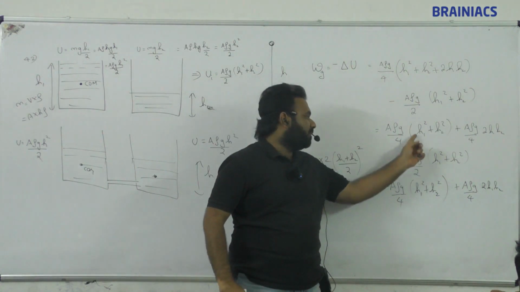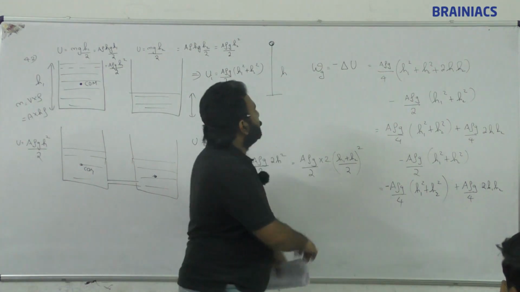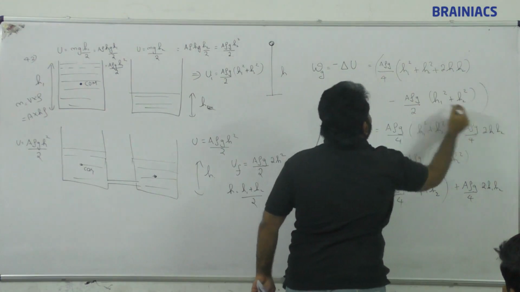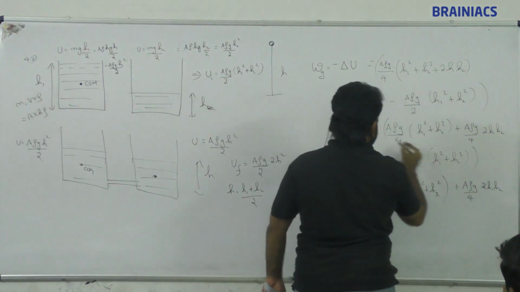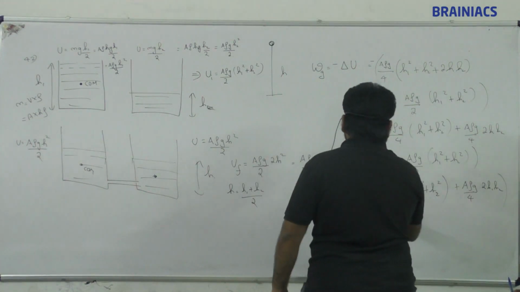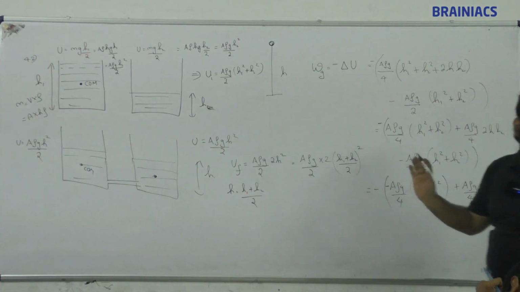So when you subtract from the total, this will come, correct or what?